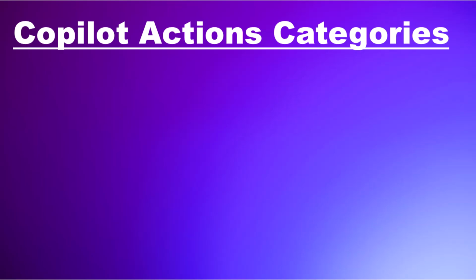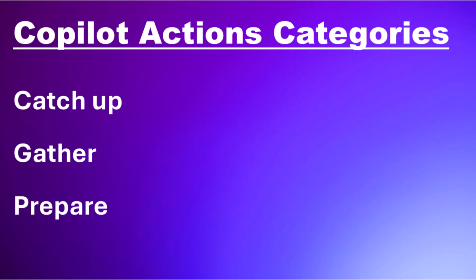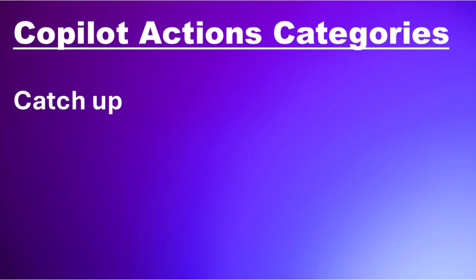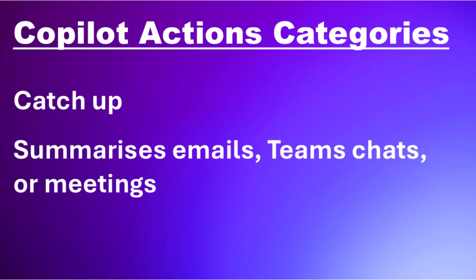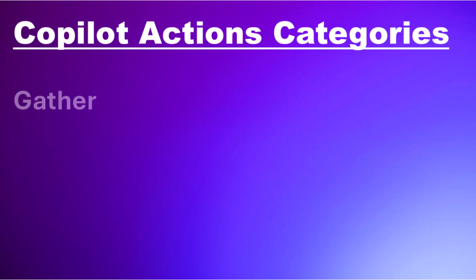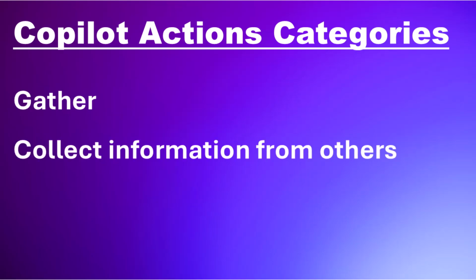Copilot Actions fall into three categories: catch up, gather, and prepare. Catch-up actions summarize things like emails, Teams chats, or meetings, so you don't have to read everything yourself. Gather actions help you collect information from others without the hassle. It can send messages to people asking for information, such as project updates or feedback.